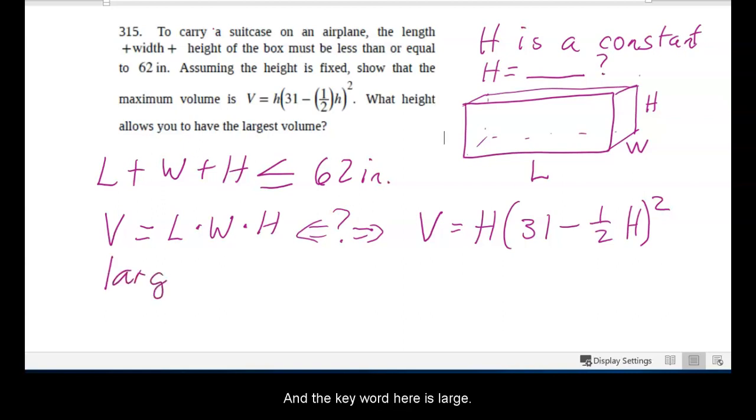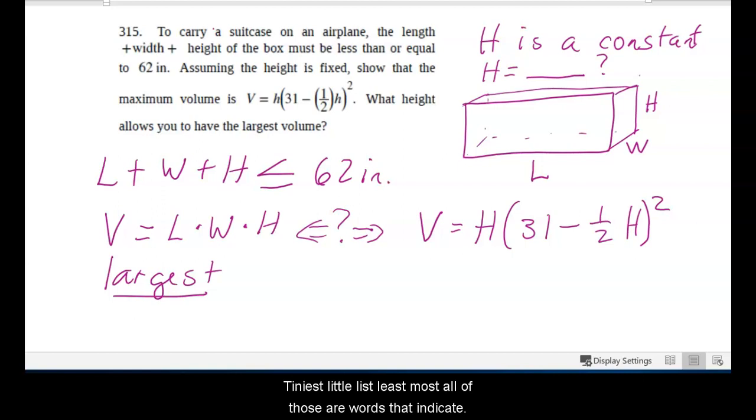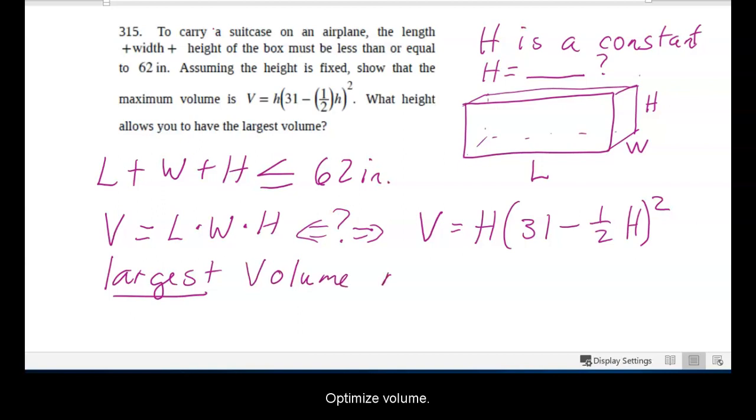And the key word here is largest. Largest, smallest, greatest, biggest, tiniest, littlest, least, most, all of those are words that indicate what's being optimized. The largest volume means optimized volume. So we're going to write that down.